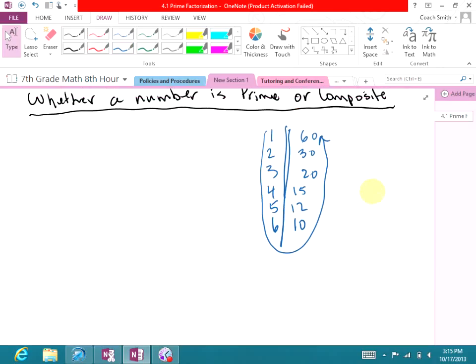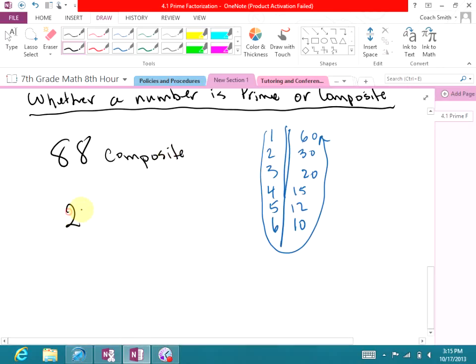Now, whether a number is prime or composite is very simple. All even numbers are composite except for 2. So if you see an even number, you just automatically put composite. Now, not all odd numbers are prime. Some odd numbers are prime because there's only one even number that's prime, but just because a number is odd, don't assume that it is prime.